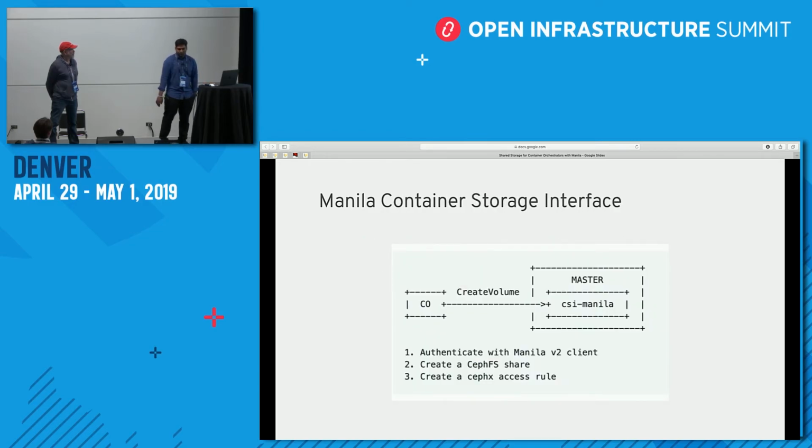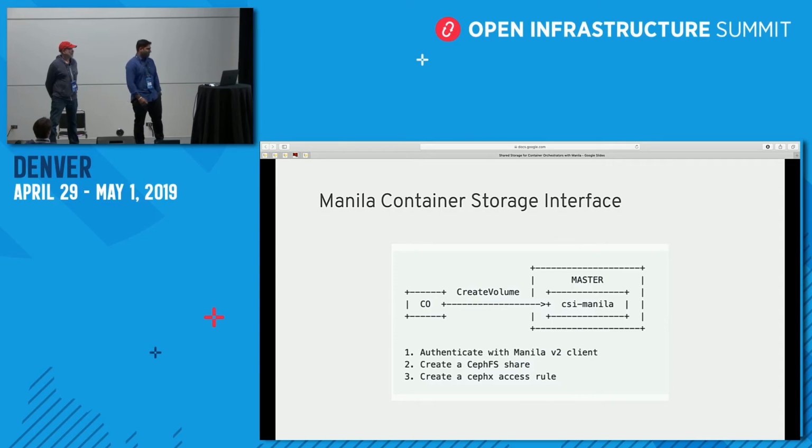And with the kind of collaboration that we started having with folks from CERN, the OpenStack folks, the SIG storage folks, SIG OpenStack folks in the Kubernetes community, and the Manila community itself, we evolved an architecture that we think is sustainable going forwards for how to use Manila in the container orchestration world. So here's the first piece of it.